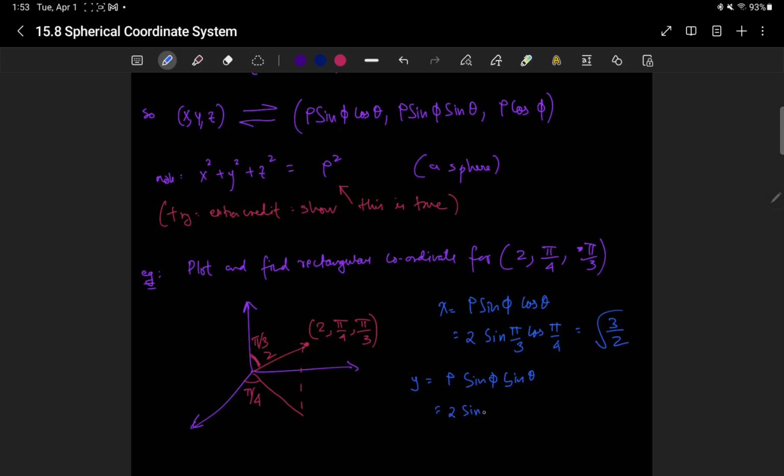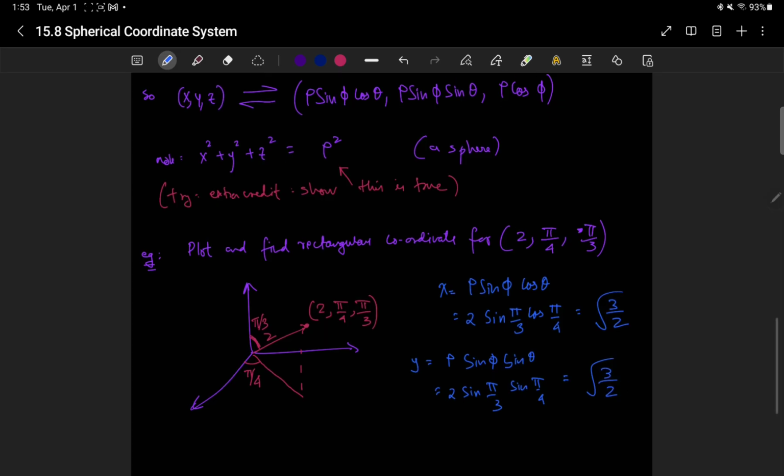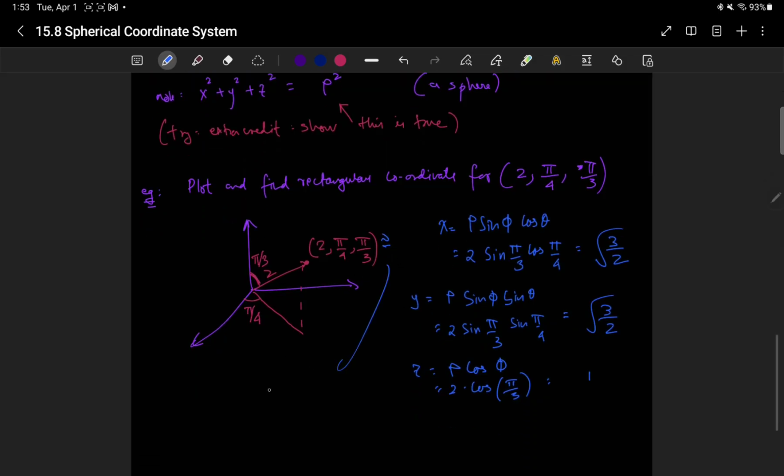This is 2 sine pi over 3 and sine pi over 4, which will also be the same because cosine pi over 4 and sine pi over 4 are both 1 over root 2. And then z is rho cosine phi, which is 2 times cosine pi over 3, which is half, so this becomes 1. So this point is in the first octant, and it's given by root 3 over 2, root 3 over 2, 1. So this height is 1, and because it's at 45 degrees, x and y values are equal.